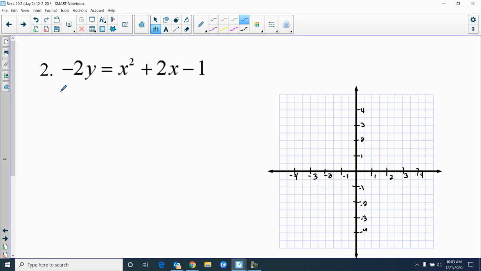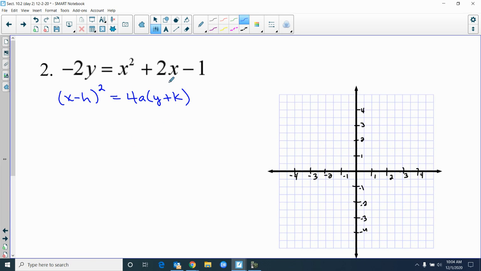So when we're done, it needs to be in this general form: x minus h quantity squared equals 4a times y plus k. Have you noticed over my grid, I already have it scaled. It's going to be a little bit easier if you make every 2 as 1 unit to spread this one out a little bit. So do that as well.